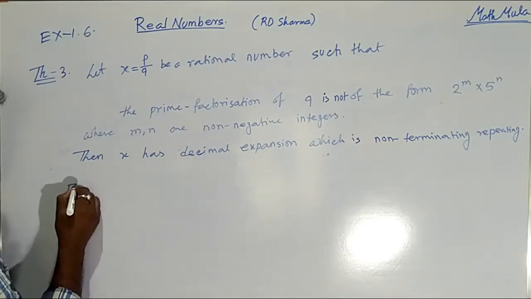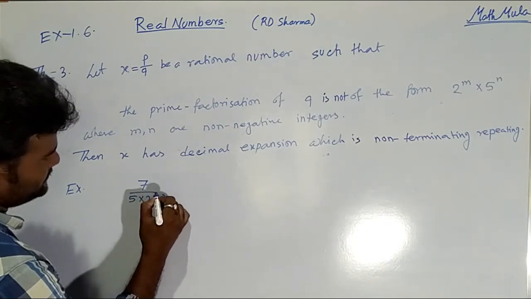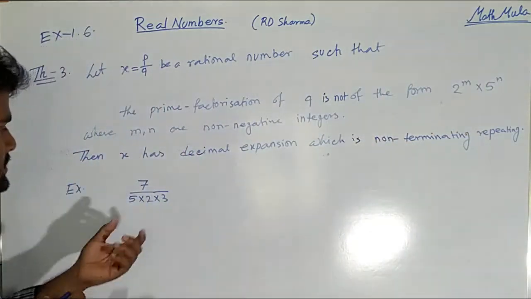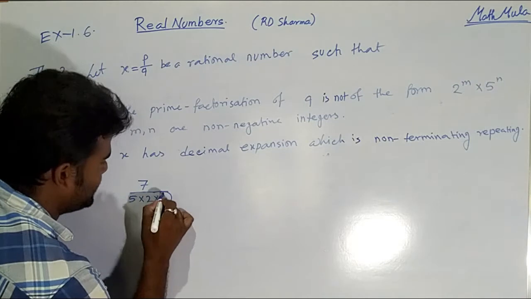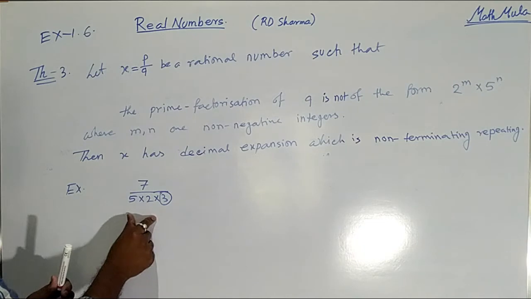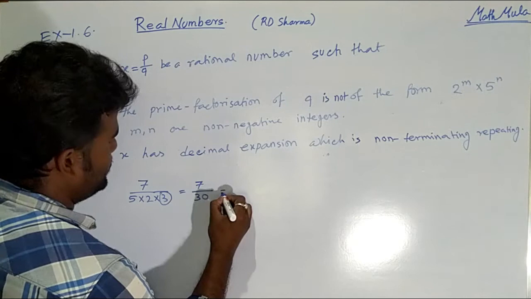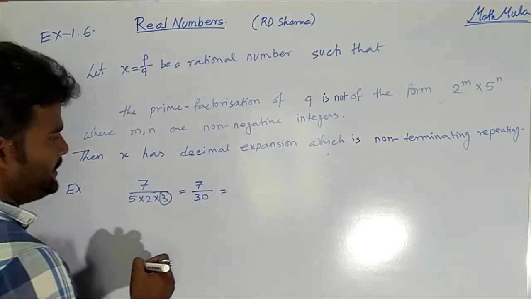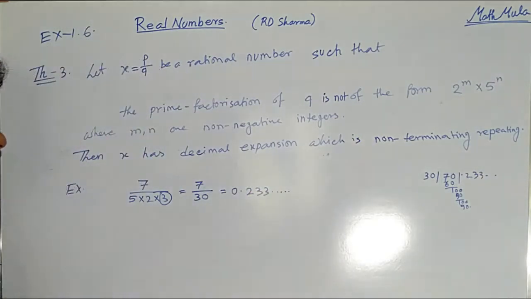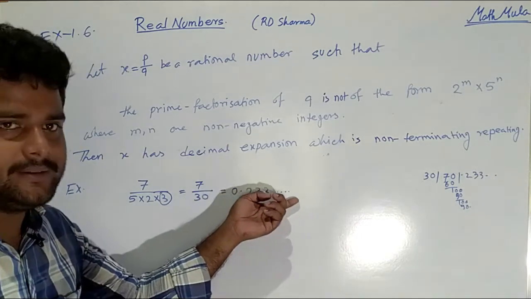Okay, for example, 7 by 5 into 2 into 3. The denominator is not in this form because there is another factor, that is 3. So the decimal expansion of this rational number is non-terminating repeating. It will be 7 by 30. If we divide 7 by 30, then it will be 0.233 up to infinity. That means this decimal expansion is non-terminating repeating. 3 is repeated again and again.